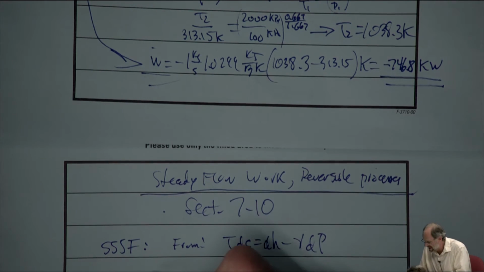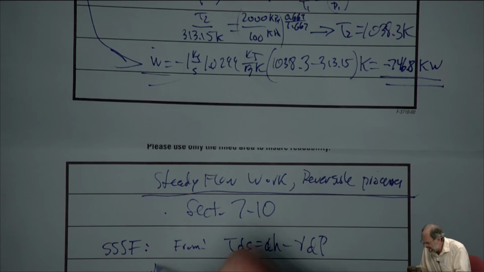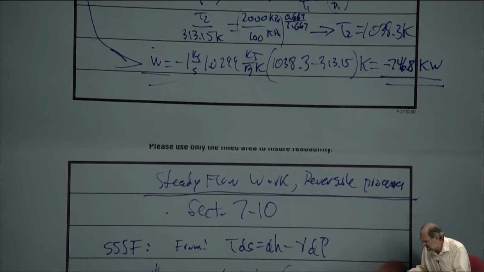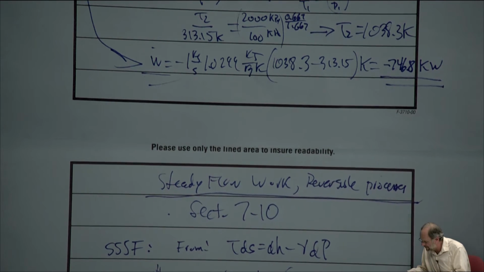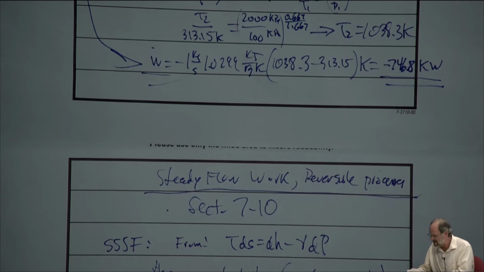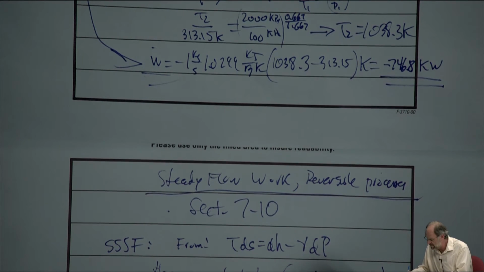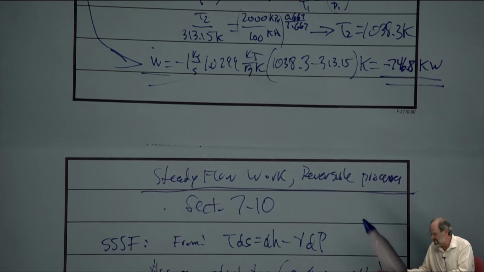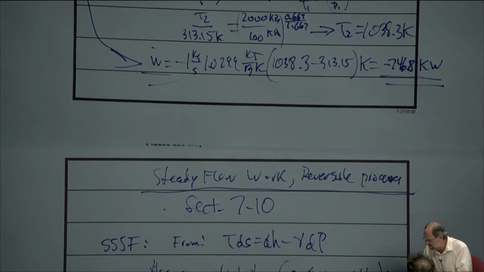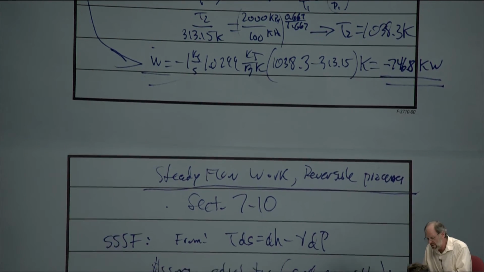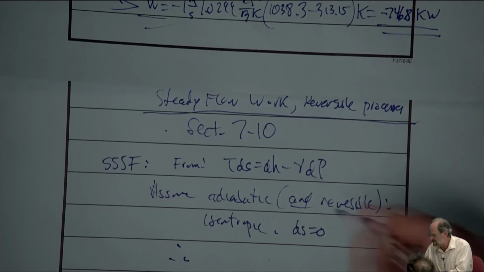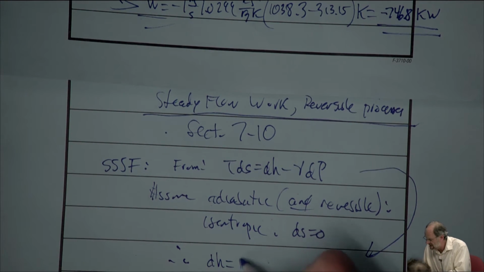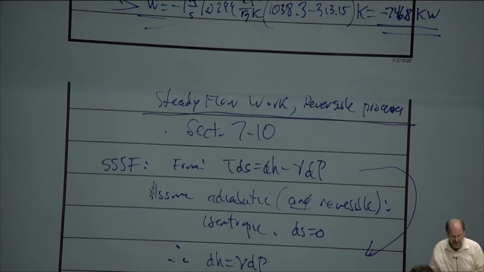So let's assume that we have an adiabatic process as well. In that case, that means isentropic, right? And another name for isentropic is no entropy change, or just ds equals 0. So therefore, from the equation above, I would just note that dH has to equal VdP.